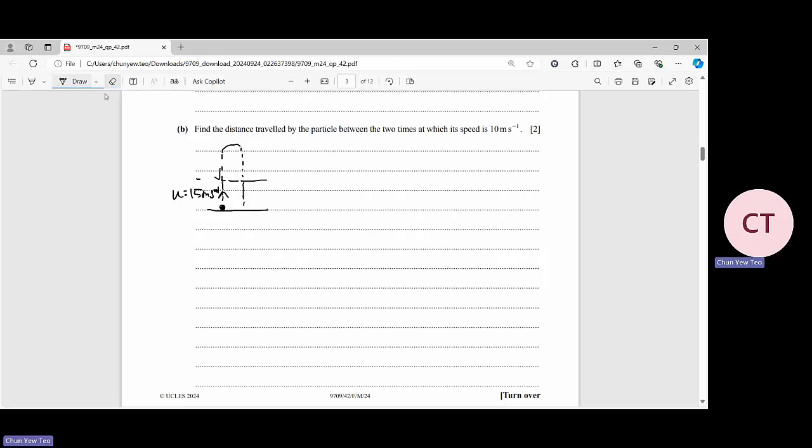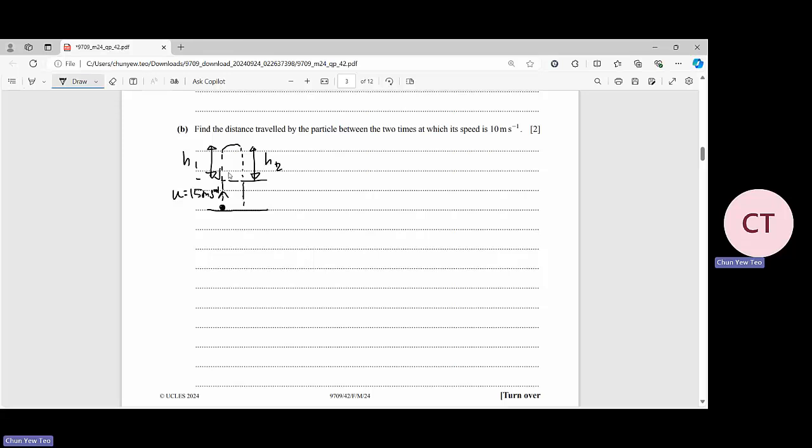You need to understand that this is the height and this is also the height, and h1 is equal to h2. This is something you need to know. So the distance actually is 2 times h1. We just consider h1, then multiply by 2. Then we can find the total distance traveled between these two periods.